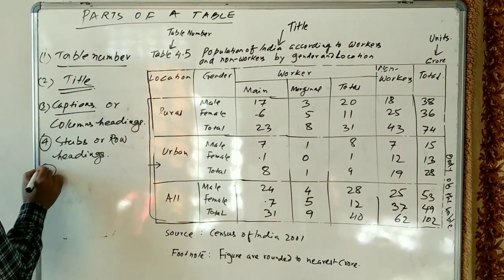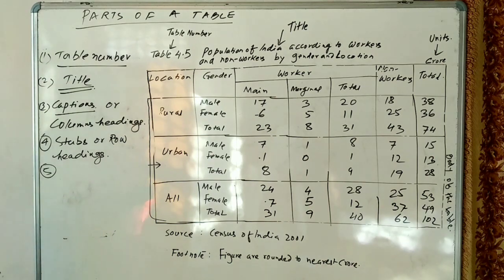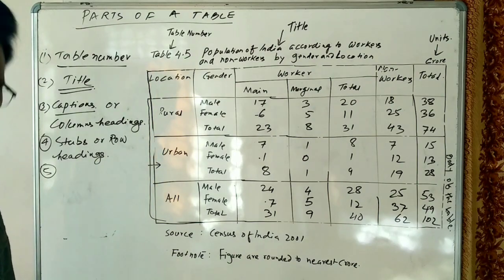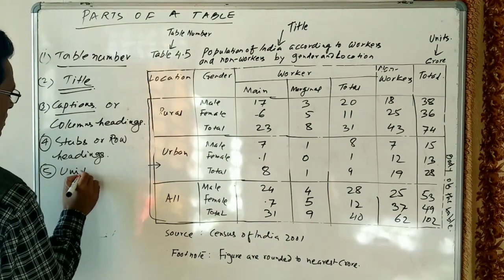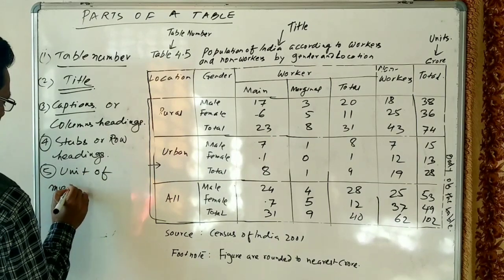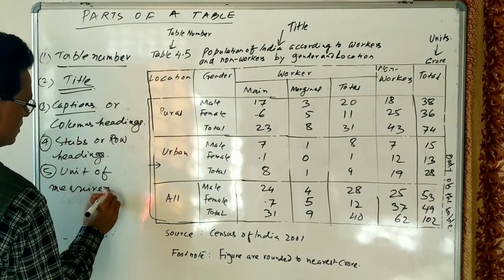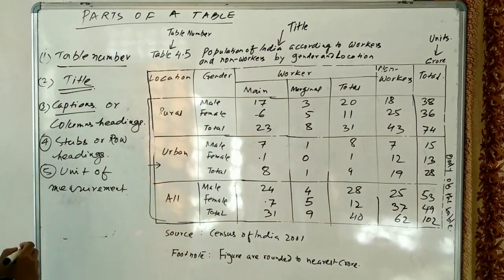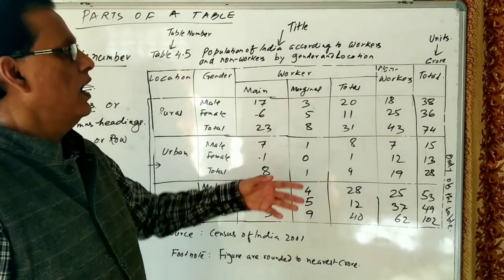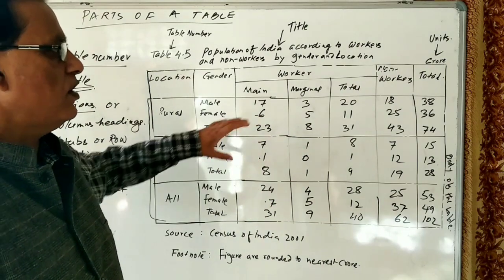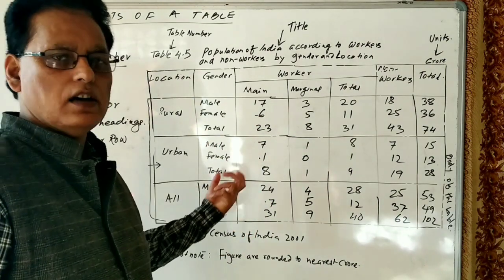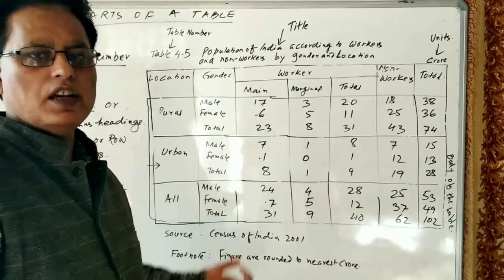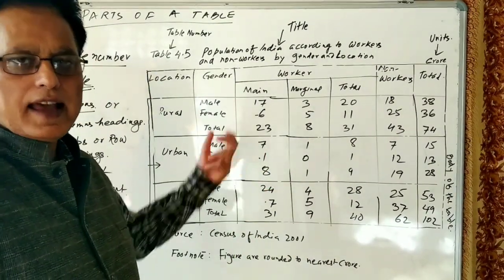The fifth part of a table is unit of measurement. So this information is explained, these informations are given in terms of, suppose, whether it is given in 1,000 or whether it is given in 100 or thousands or lakhs or crores.